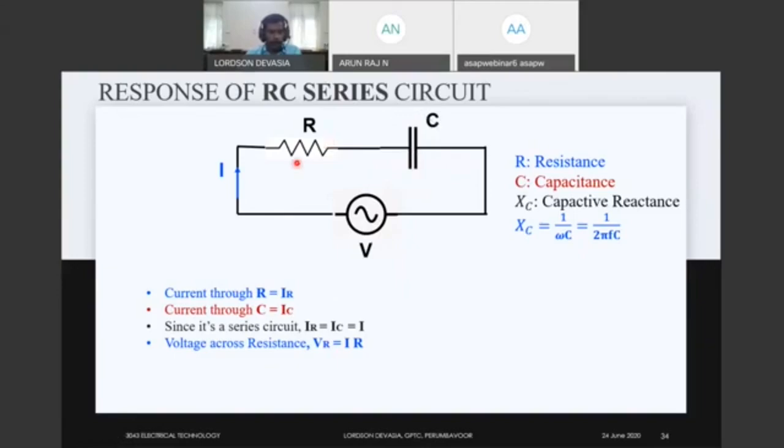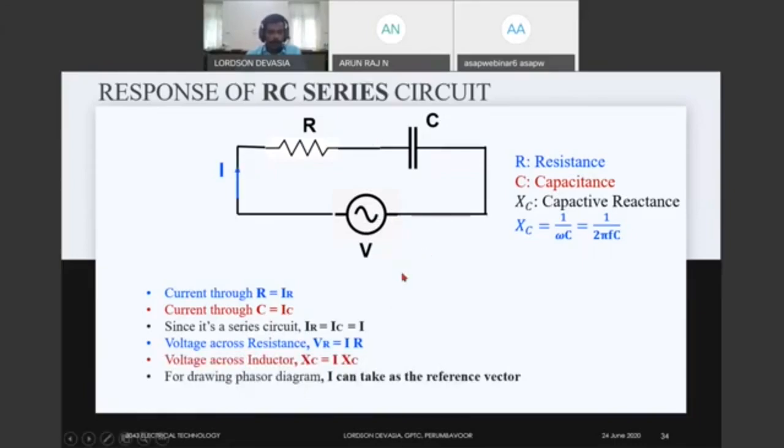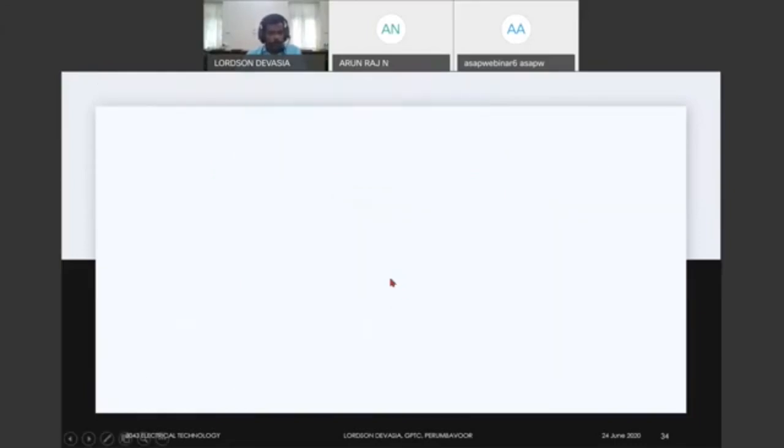Voltage drop across the resistance is equal to I into R. Voltage drop across the capacitance is equal to I into capacitive reactance, that is I into XC. So I is same, so we can take it as the reference vector.